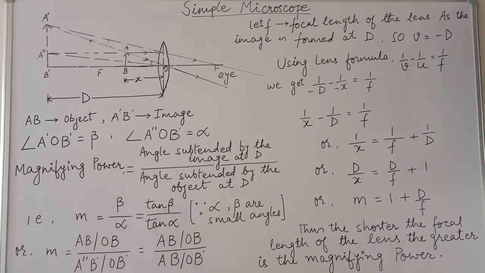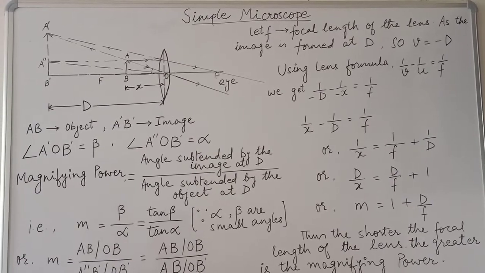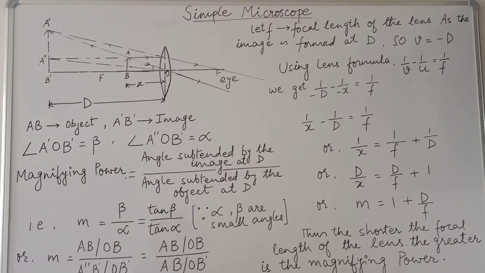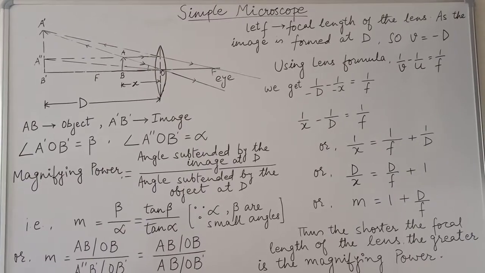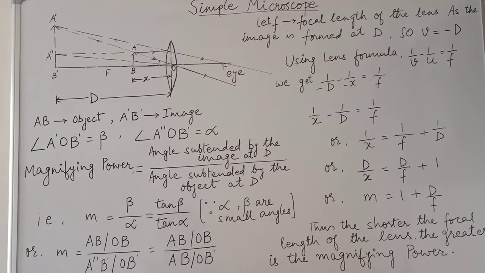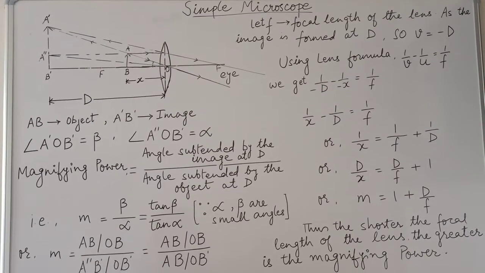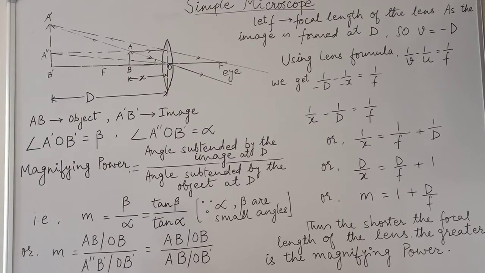When an object AB is placed between the focus and optical center of a convex lens, a virtual, erect and magnified image is formed on the same side of the lens as the object.